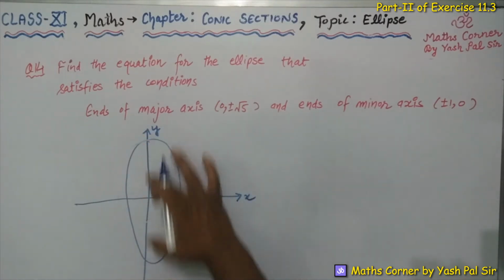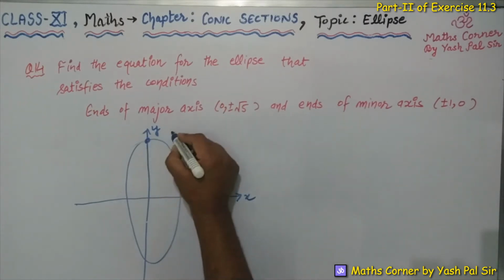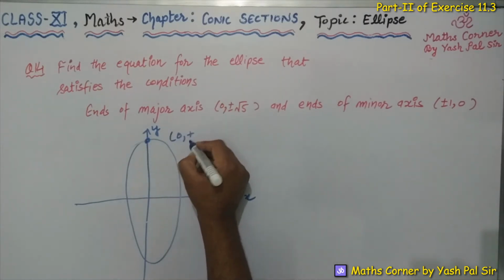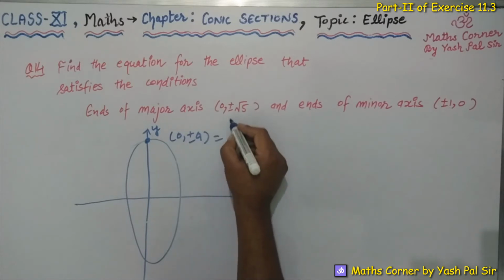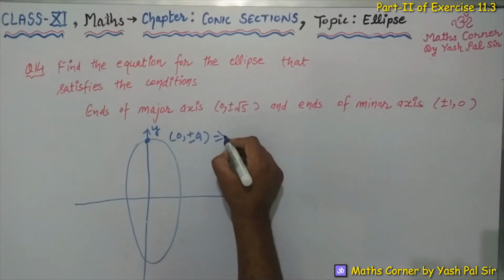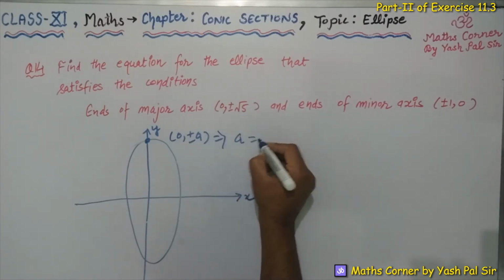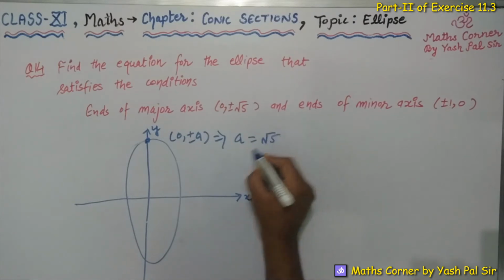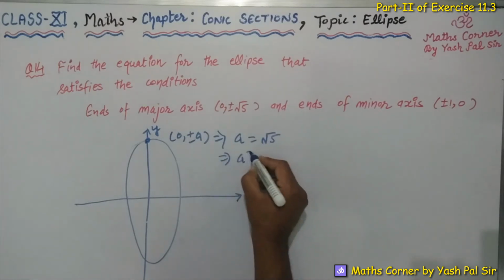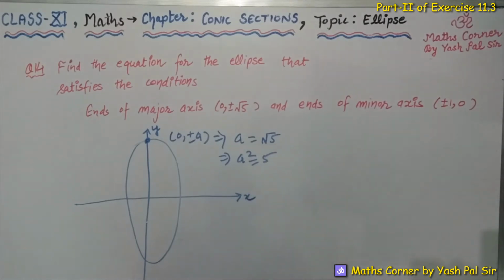Okay, major axis is along y-axis. So this point is 0 comma plus minus a. This gives us the value of a is square root of 5. So we can say a square is equal to 5.